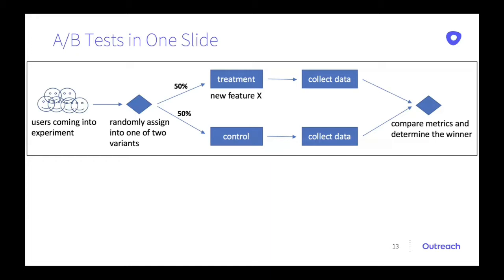We collect the data, and at the end, we compare metrics and determine the winner. And if everything was done correctly, and at the end we see a statistically significant difference in the metrics, then with this kind of design, we can be pretty sure that this difference in metrics is actually caused by the new feature X. So A/B testing allows us to establish that causal relationship between the change and the metric movement.